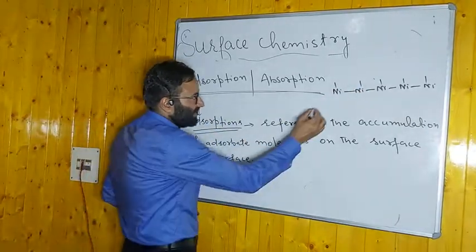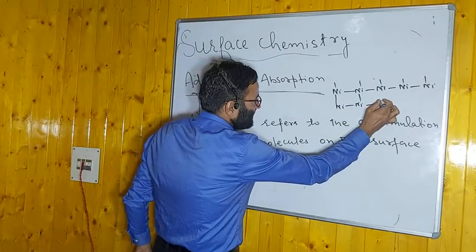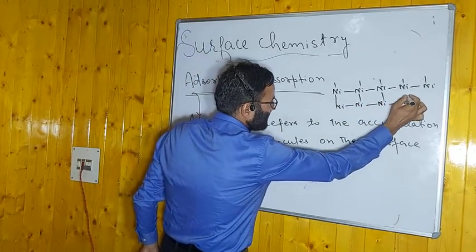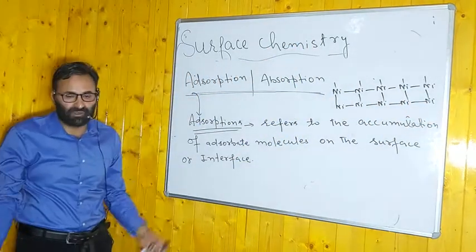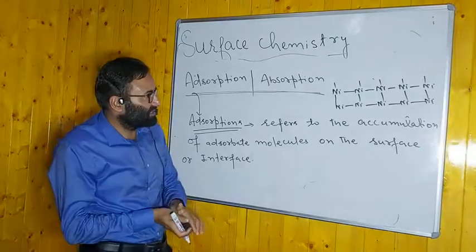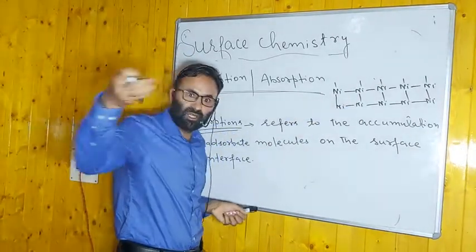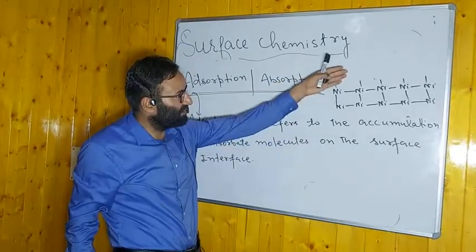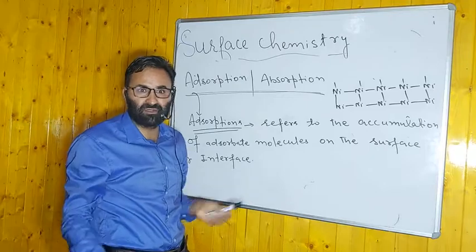It means that the nickel present in the interior is stable, with satisfied valencies, but the nickel atoms present on the surface have unsatisfied valency. Because of these unsatisfied valencies and instability, it will prefer to attract molecules on the surface. This attraction and retaining of the molecule is adsorption.